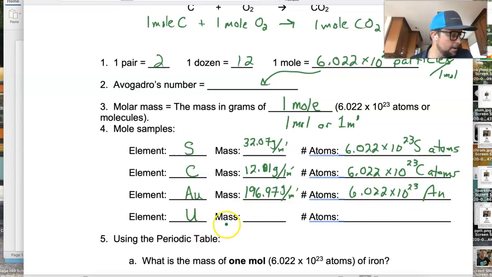And for uranium, our heaviest naturally occurring element, 238.03. Probably don't have any of that sitting in our classroom. It's a little bit radioactive. But a mole of uranium atoms is still 6.022 times 10 to the 23rd.